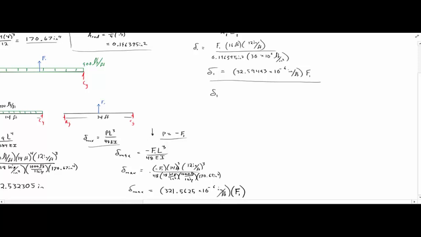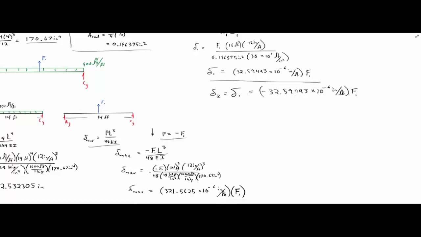So we can say deflection at point B equals the deflection of the steel rod, which equals negative 32.59493 times 10 to the negative 6 inches per pound multiplied by F sub 1. So when we find F sub 1, we can also immediately plug F sub 1 into this and solve for part C.